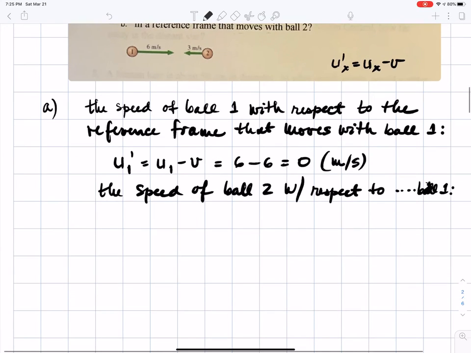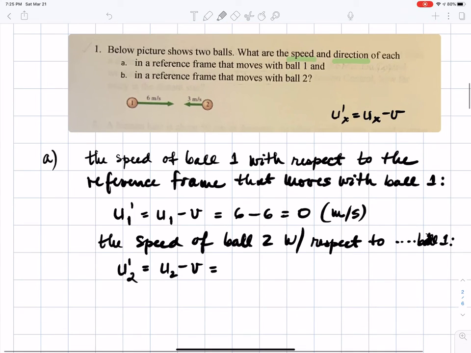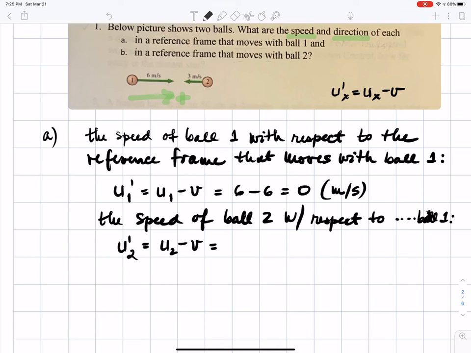In this case, you will have u prime 2 equal to u2 minus v. Well, these two go against each other, right? So if you set a positive direction this way, then the other one moves in a negative direction. Hence that will give you the correct numbers to plug in for your velocity.